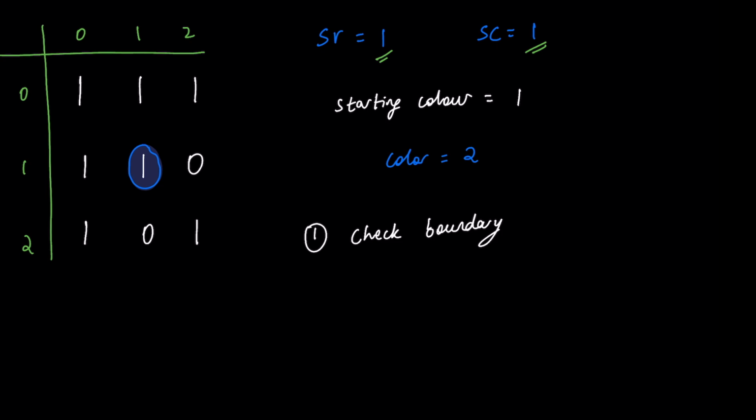As part of this first step, we can also do another check: for the current pixel, we check if the value at that position is equal to the starting color. We'll add it as a step here: check value matches. We've done 2 main checks as part of the first step.